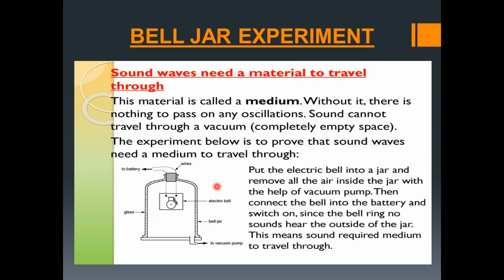Sound can only move when there is a material to move through, and this material is called a medium. Remember, the material which sound waves need to travel through is called a medium. Without it, there is nothing to pass on any oscillations. Oscillation is another term used for vibrations.